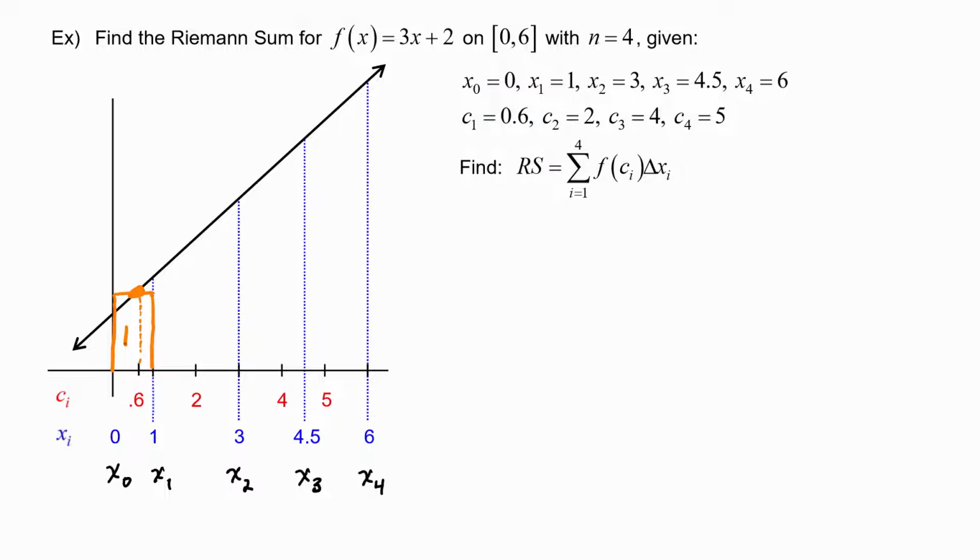Now remember, a Riemann sum, I've abbreviated with RS here, is going to be the summation i equals 1 to 4 of f of c sub i delta x sub i. This is just the area of each of the rectangles. So our Riemann sum, we know we will need a rectangle from each area.